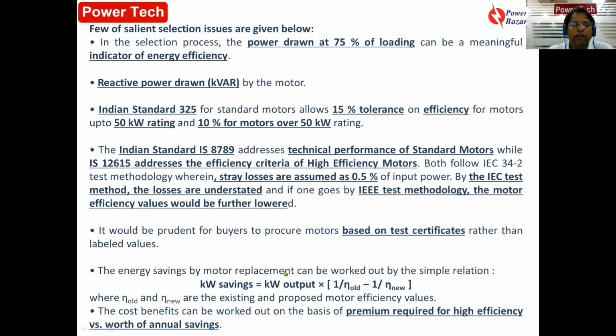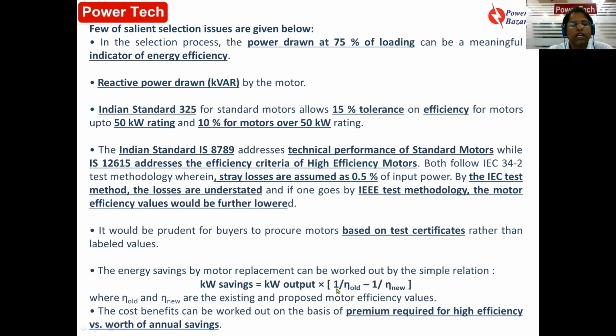Suppose you are going to replace your standard inefficient motor, or it has failed a number of times. Now 4 times it has failed, you have to replace the motor. So you also need to calculate what will be your kilowatt saving by this formula. Kilowatt saving will be kilowatt output times (1 divided by efficiency of old motor minus 1 divided by efficiency of new motor). This formula you have to remember.